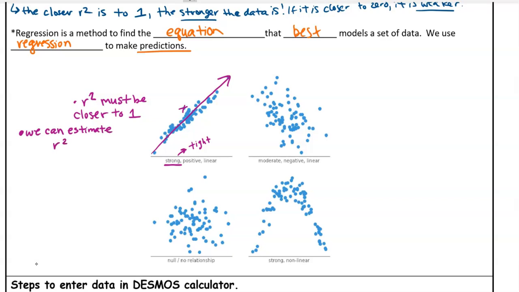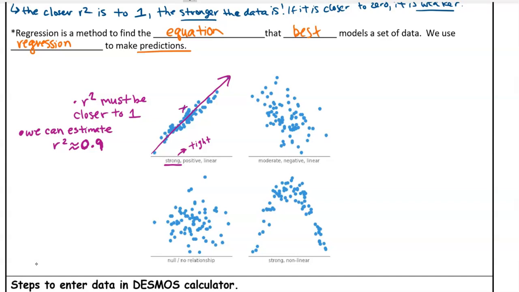We can estimate R squared to be approximately 0.9. That's really close to 1, right? But it isn't 1. If it were 1, it would be a thin straight line with all of the data perfectly along that line. It's not perfect, so it's not 1, but it's pretty close. So the coefficient of determination could be about 0.9.